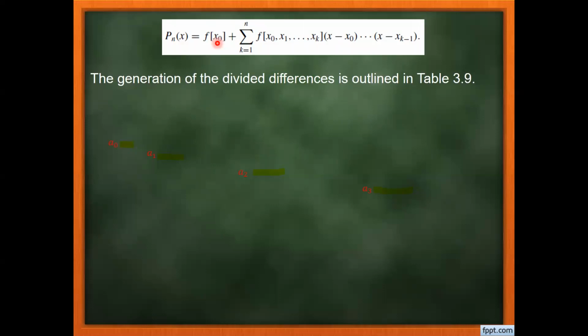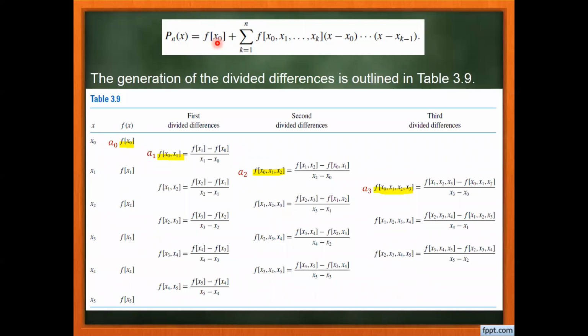The form which we have discussed up till now seems to be a little difficult. But when we develop the divided difference table, you will see that it's very, very easy. So let's discuss table 3.9, which shows the divided difference table for 6 data points, x0 to x5.